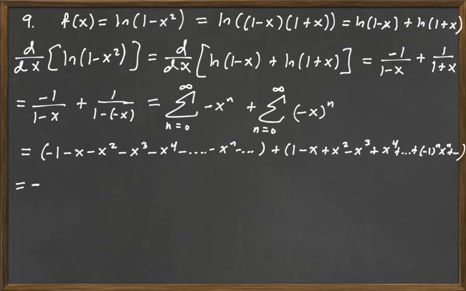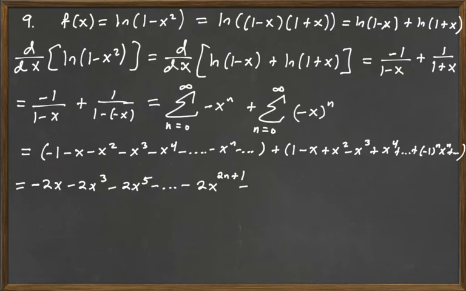So the negative 1 and the 1 will cancel, but we have a minus x and a minus x, so a minus 2x. The negative x squared and the positive x squared will cancel, so I have a minus 2x cubed, minus 2x to the 5th. And so what's going to be remaining here is the odd powers of x. We're going to have negative 2 of them, all the way out to negative 2x to the 2n plus 1.